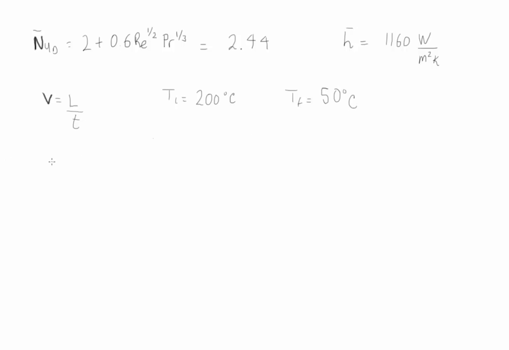Assuming that there is no internal change in the sphere temperature distribution, we're allowed to use the lumped capacitance method to calculate the time that it takes to go from this temperature to this one.